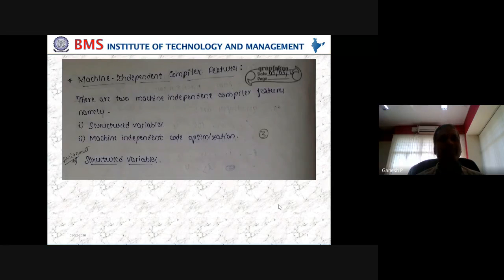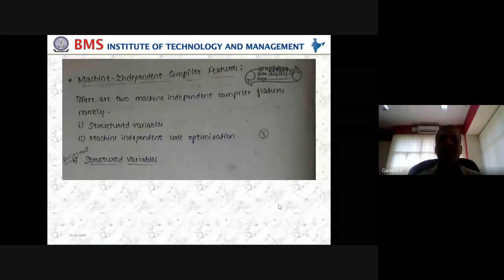So what do we mean by structured variables here? The compiler will have a lot of data structures involved in the programming, and the compiler needs to manage all those, which you have already seen in data structures. You use a lot of data structures like arrays, linked lists, trees, and so on. So here we take an array as a structured variable, as a data structure. How is the compiler going to generate the intermediate code or the subsequent code for the given program?